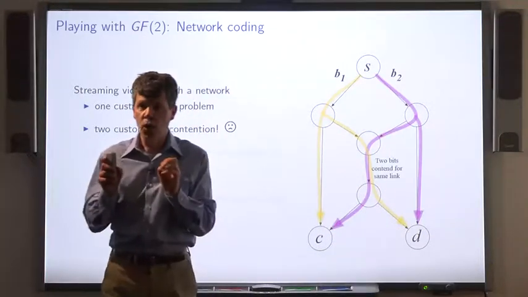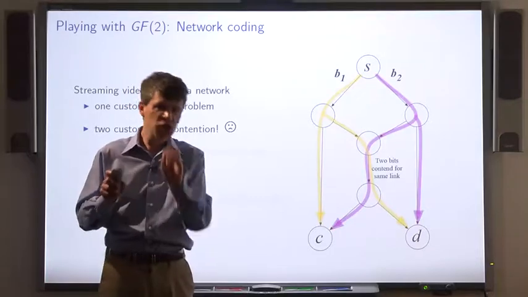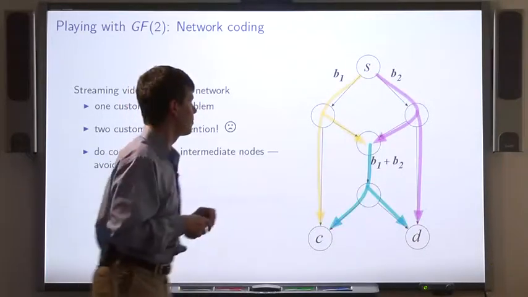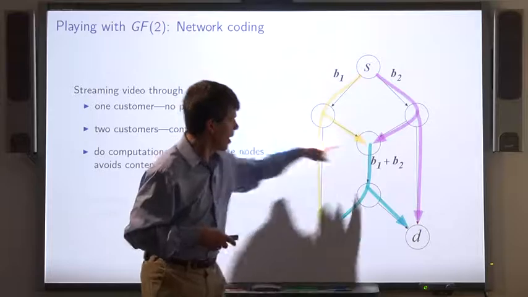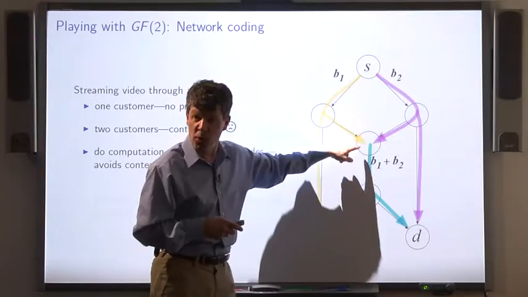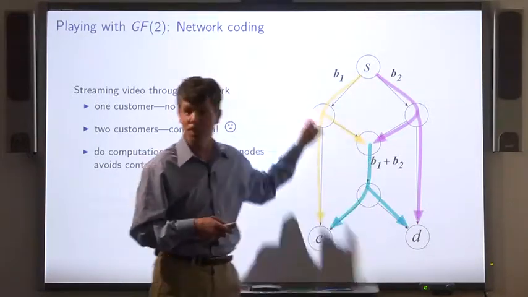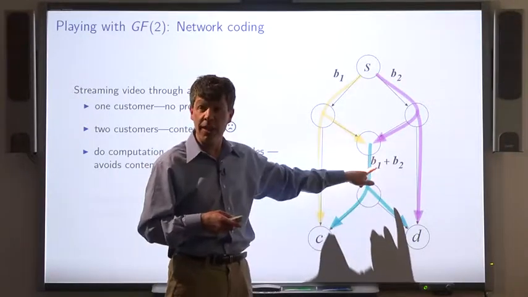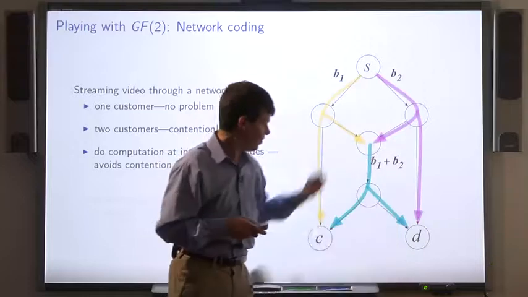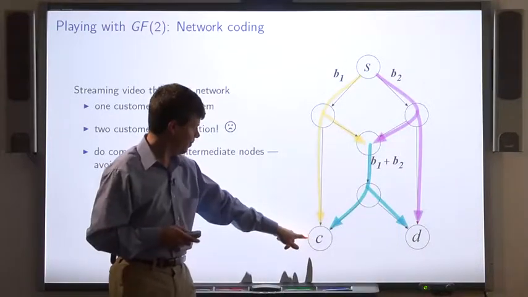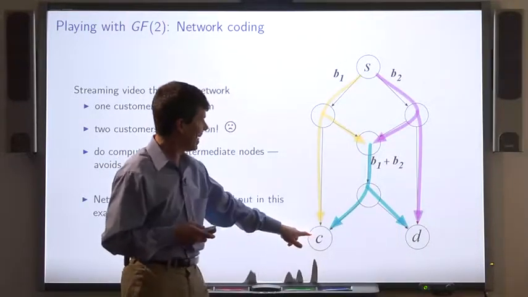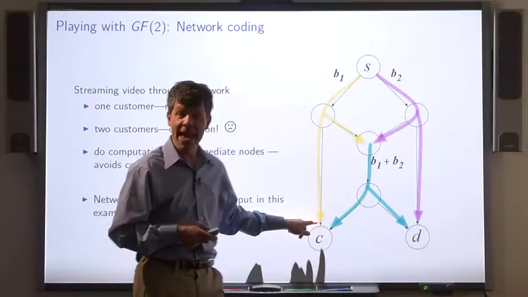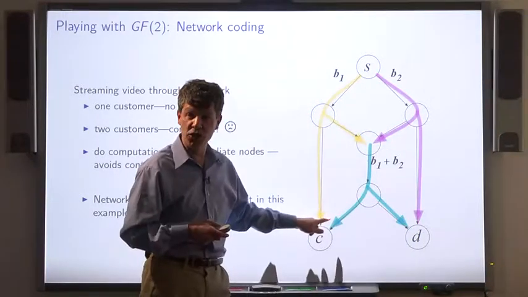Instead, we require the network itself to do a tiny bit of computation. So at this point in the network, the 2 bits of the stream are added together using the addition rule for GF2. Now at this point, this recipient gets the bit B1 and the bit B1 plus B2.